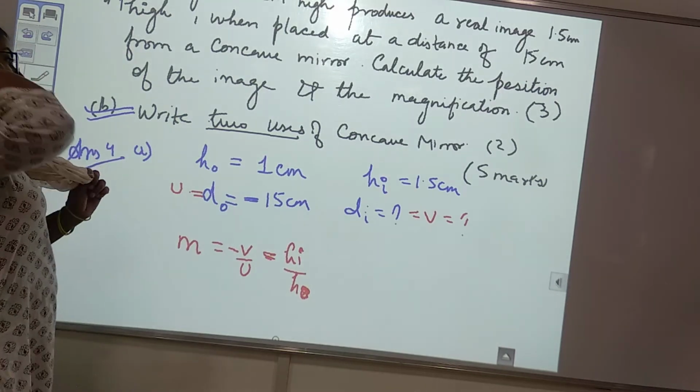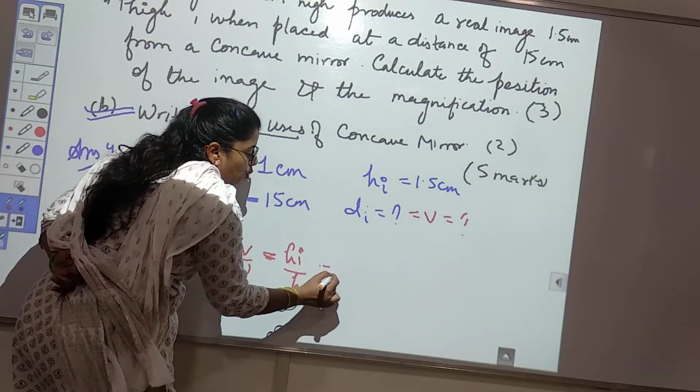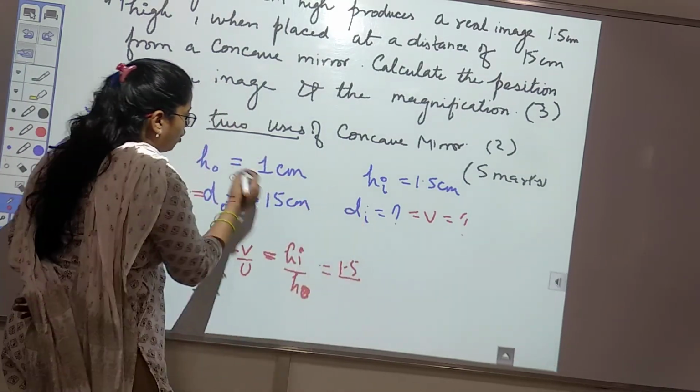Now what is the height of image given in the question? 1.5 upon 1.